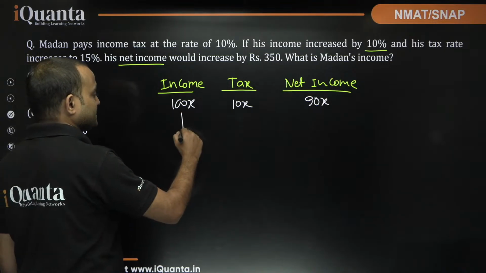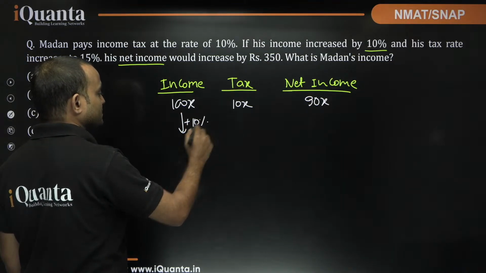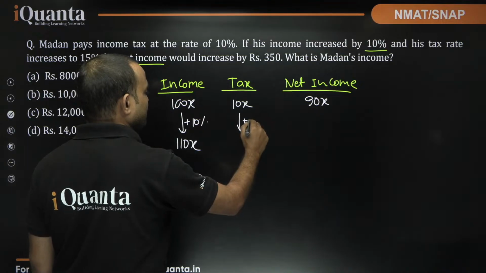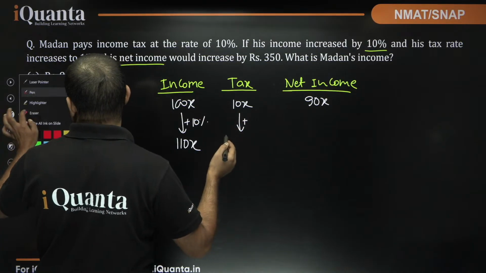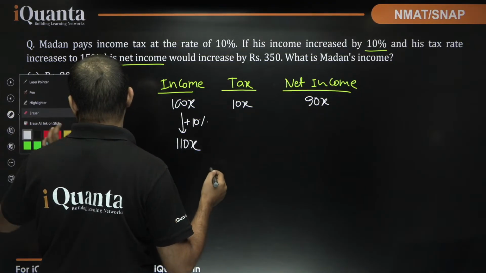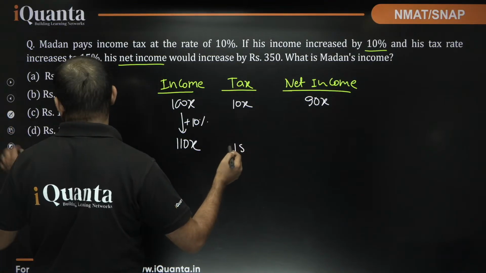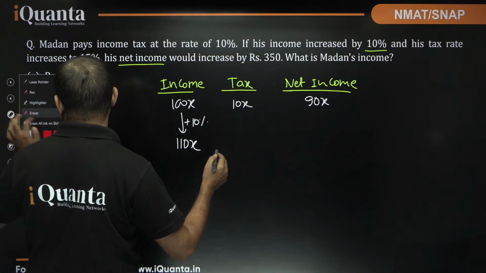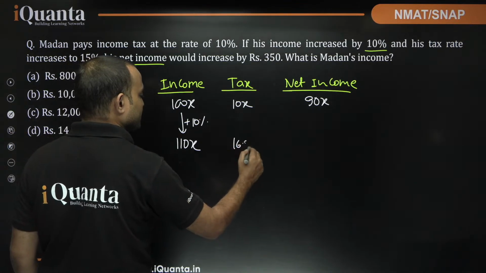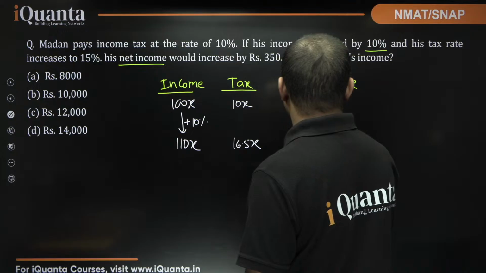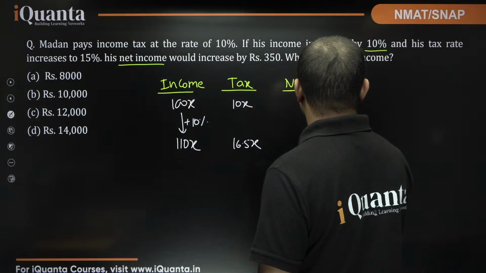And this is increased by 10%. This will become 110x. The tax is increased by 15%. So now the tax value has increased by 15%. So this will become 15% of 110, which is 16.5x. So in that case, the net income will be equal to 93.5x.